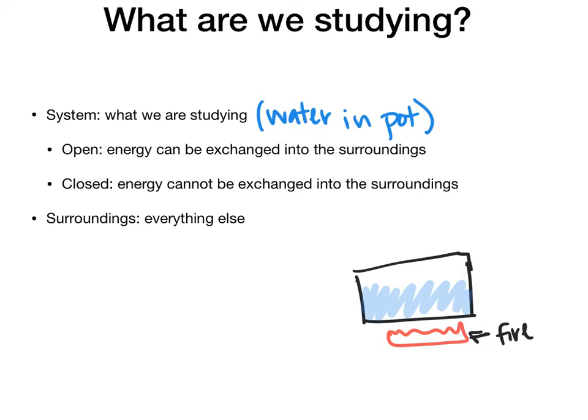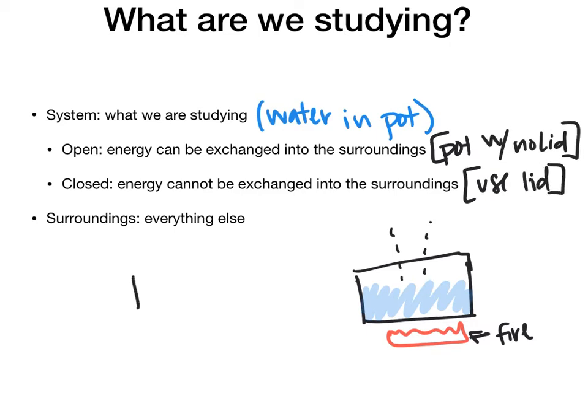We can either have an open system, so this would be a pot with no lid. That basically means as we heat it up, we're going to have some of the gas molecules escape. However, for a closed system, we are going to use a lid.